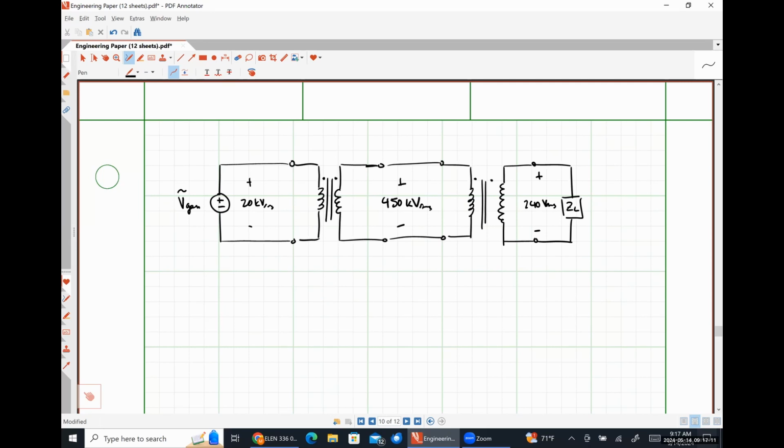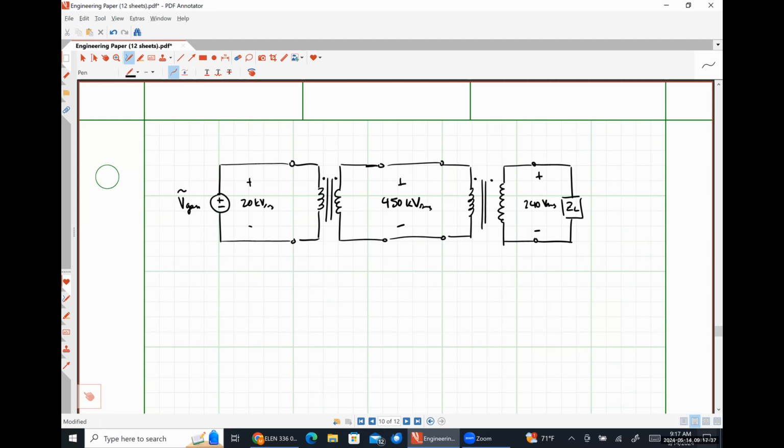I don't remember if those are 450, but they're several hundred kilovolts. Why do we step that voltage up so much? High voltage means extremely small current. The larger we boost that voltage, the smaller the current flowing through those transmission lines.